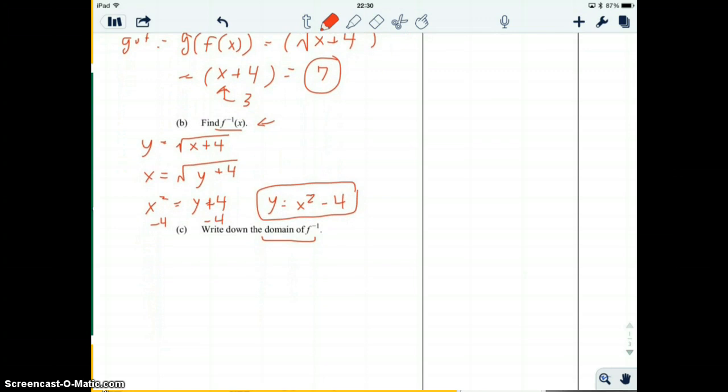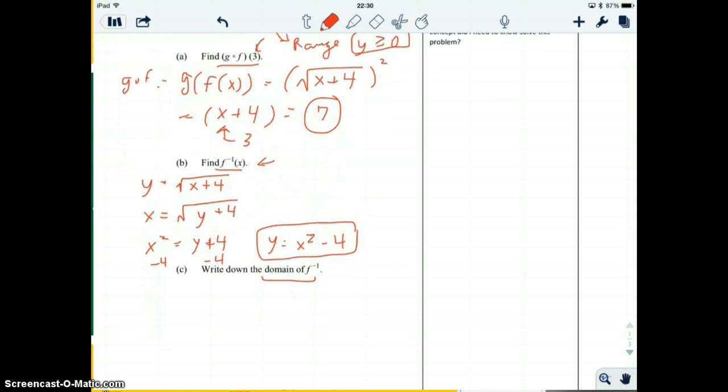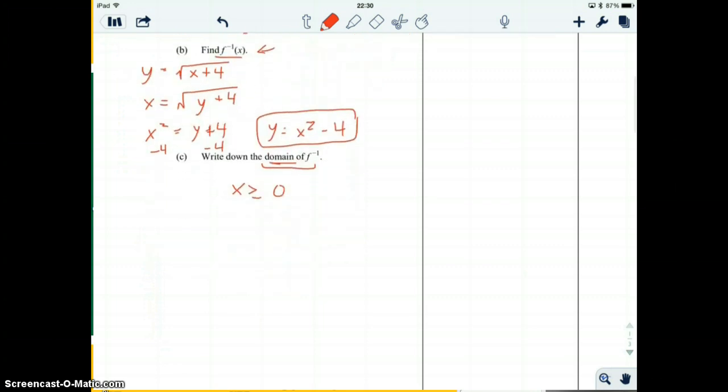So the domain of the inverse function is going to be the range of the function. So we're going to have x is greater than or equal to 0. Does that make sense? Whenever you have a function and you have a domain and range of the function, the inverse function is going to have the opposite.